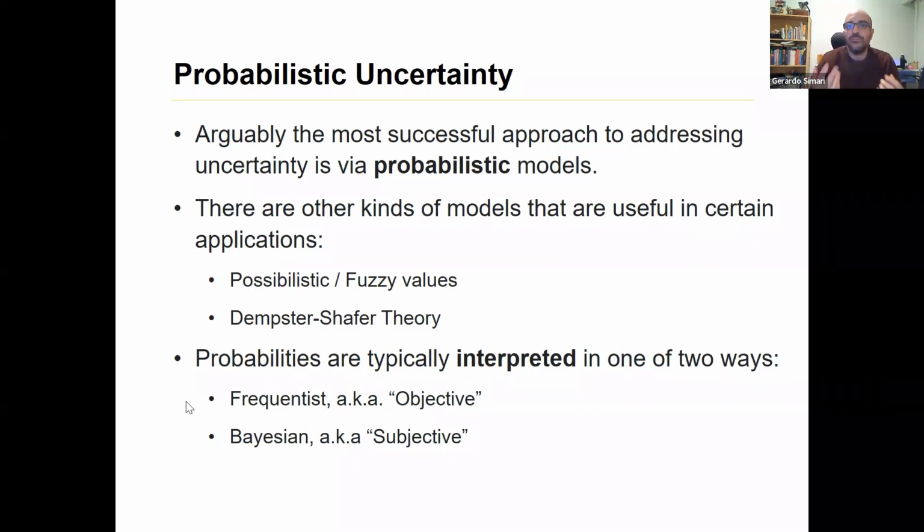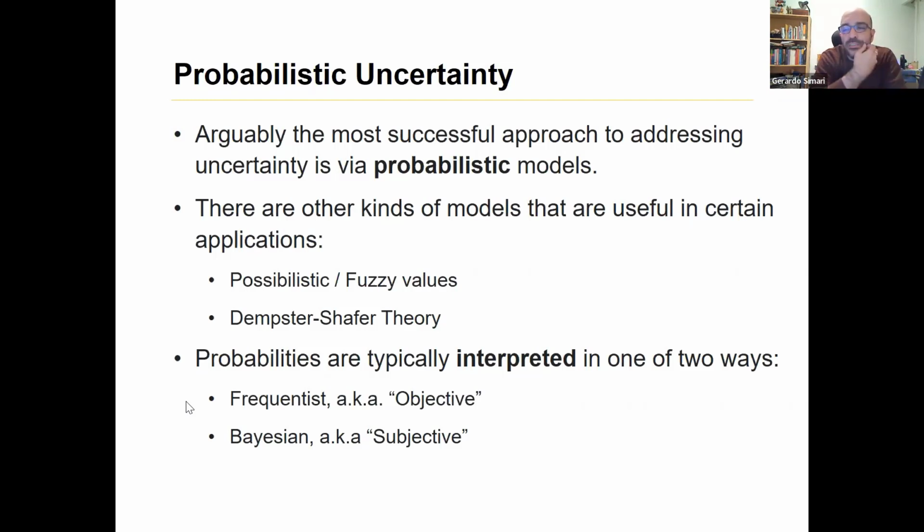You can't talk about probabilities without saying, I can tell you that there's a 55% chance of this because I have all this historic data, and the rate at which this happened is 55%.